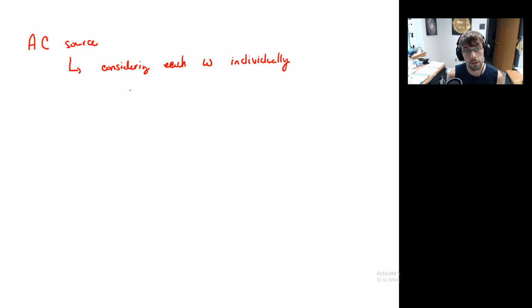In other words, the total current is simply equal to the current due to frequency 1 plus the current due to frequency 2 plus dot, dot, dot.